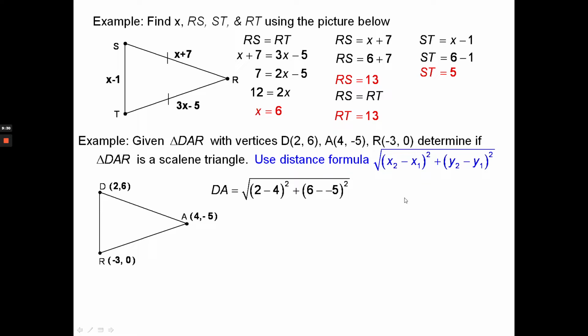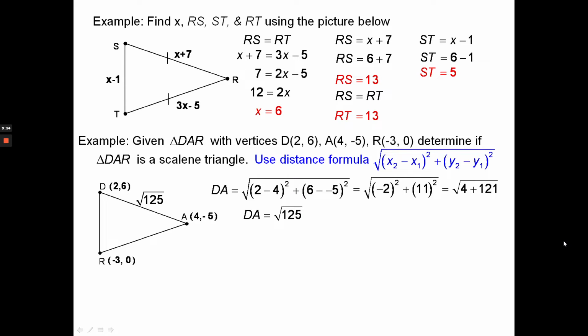So 6 plus 5 is 11. 11 squared is 121. 4 plus 121 is 125, the square root of 125. You want to take that and write it over here on your triangle so you can see the length. We are not concerned about reducing these into proper notation. Leave it as a square root.